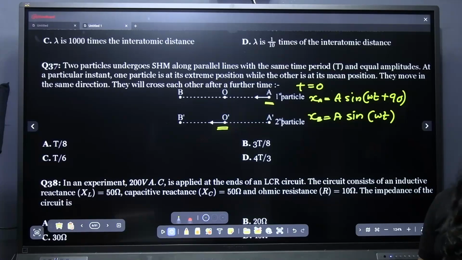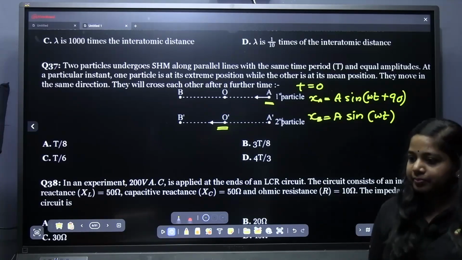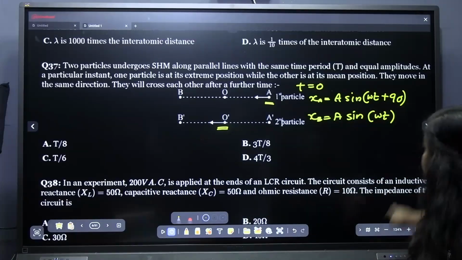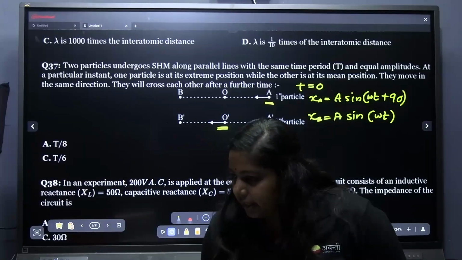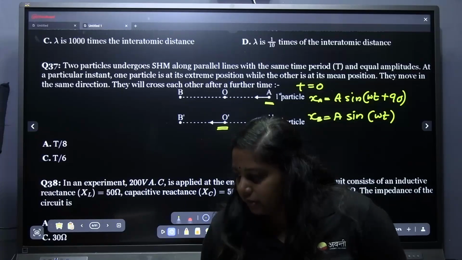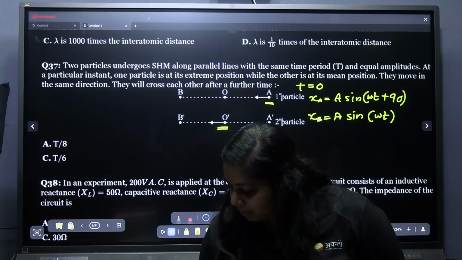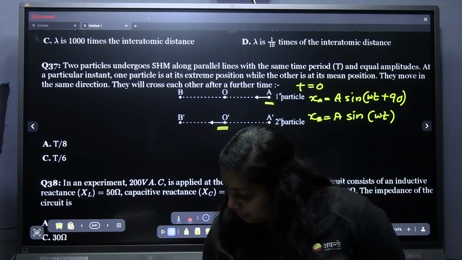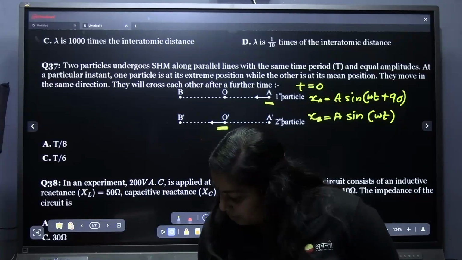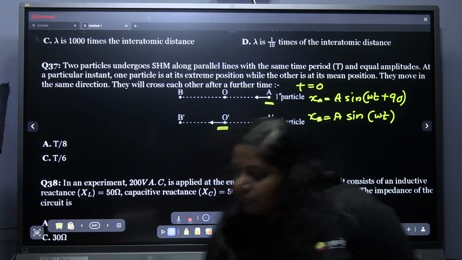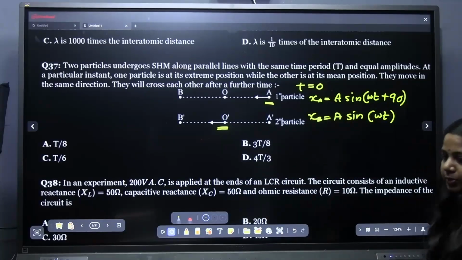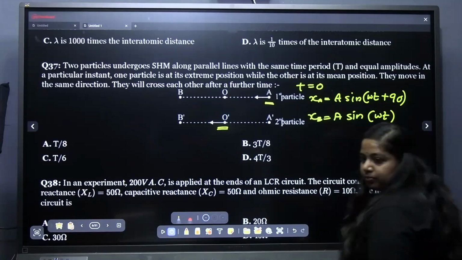So obviously this will become cos omega t. Is that clear? Do you have any doubt regarding that? It is from the SHM chapter. No response, not understanding.